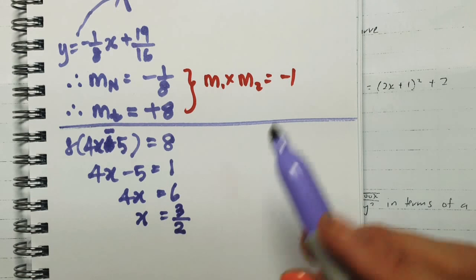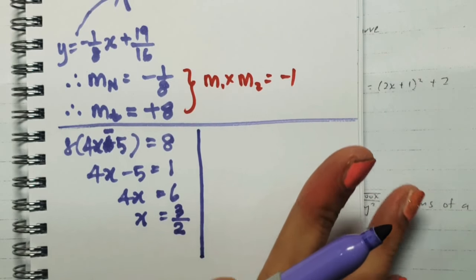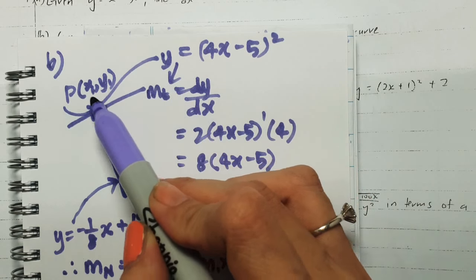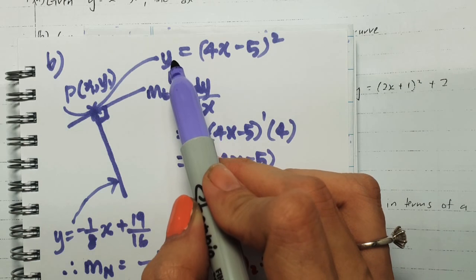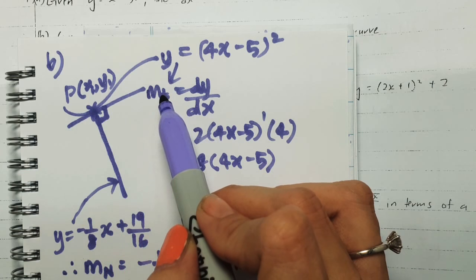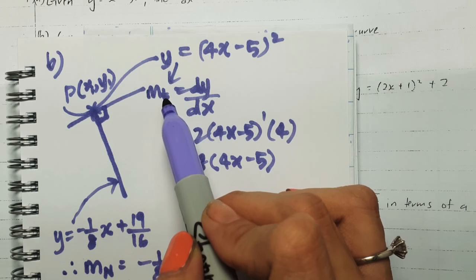Once we know x equals 3 over 2, what can we do? They are actually related to each other. You differentiate y, you get mt, and then if you substitute the x into here, you can find the exact value of the gradient of the tangent.